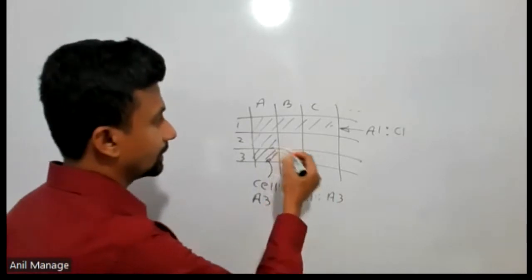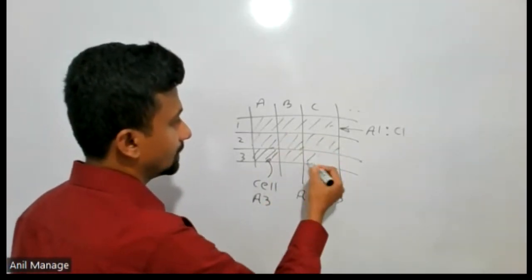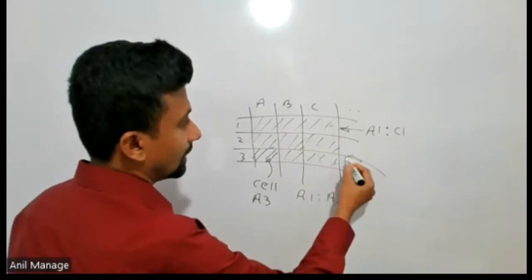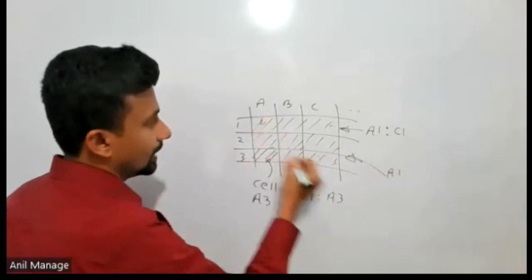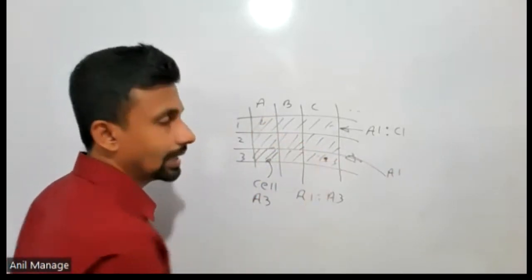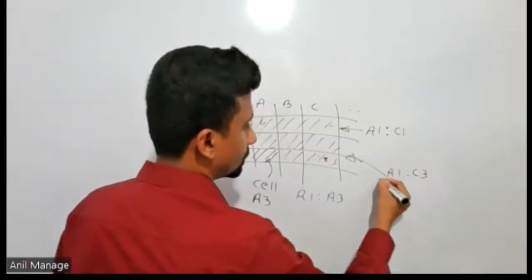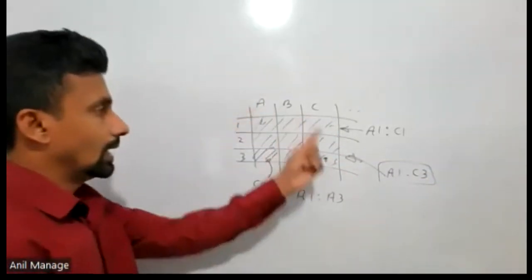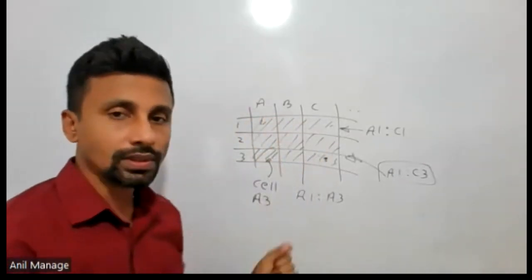If I select everything, I can tell the range as the first cell, A1, and the last cell, taken diagonally, C3. So A1 to C3 means you are selecting all the cells.